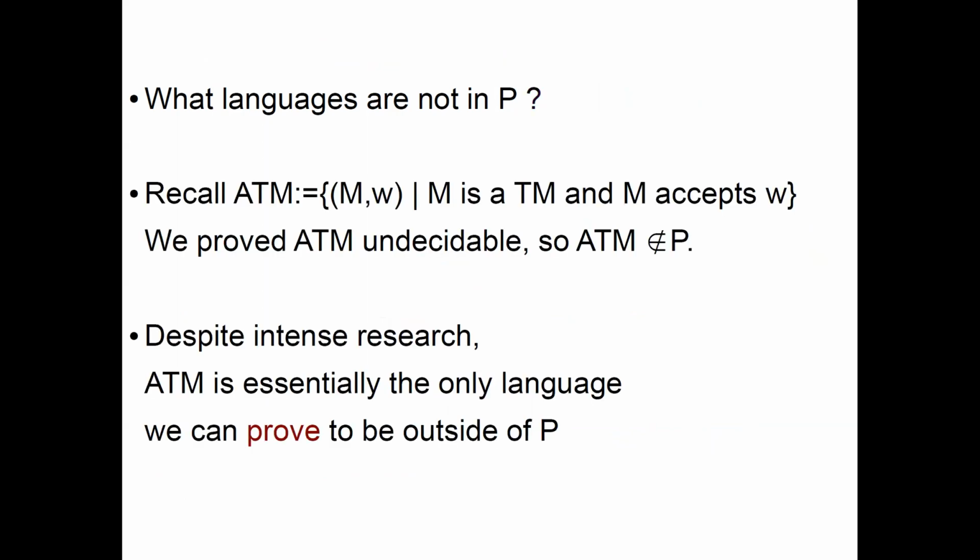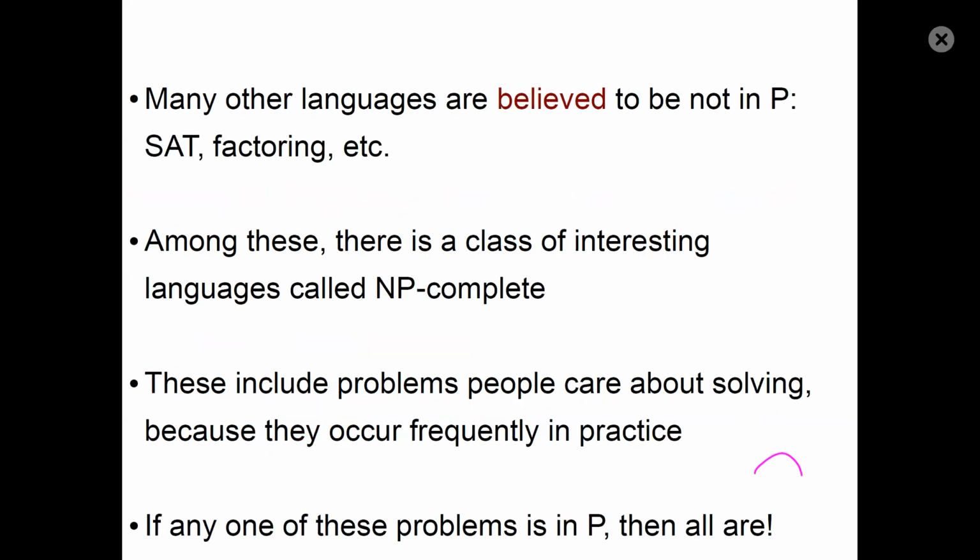ATM. Recall ATM, the language of pairs (M, w), where M is a Turing machine which accepts w, is even undecidable. So in particular, it's not in P. So despite intense research, ATM is essentially the only language that we can prove unconditionally to be outside of P. Sad face.